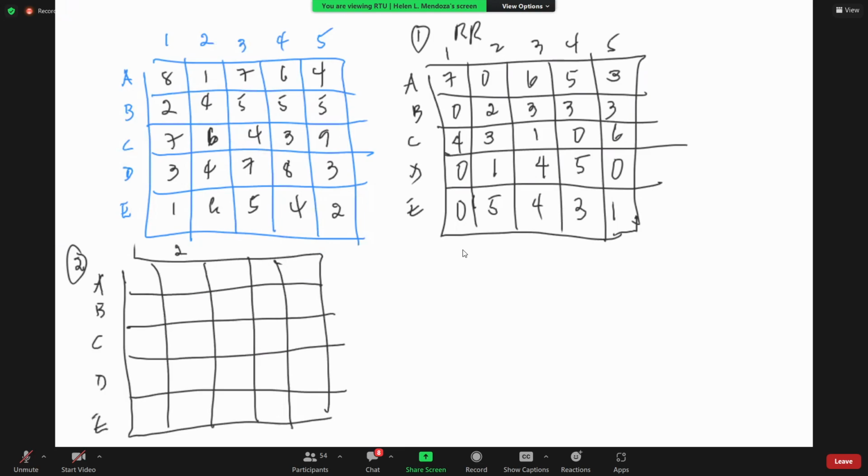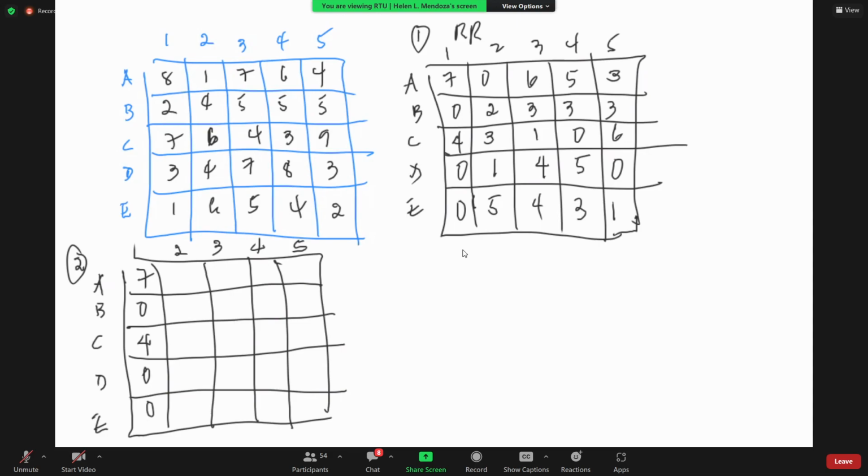Okay, Francia, let us start sa first column. Anong gagawin ko sa first column? 7, 0, 4, 0, 0 pa rin po. That is correct. Thank you very much. Next, Capiral.